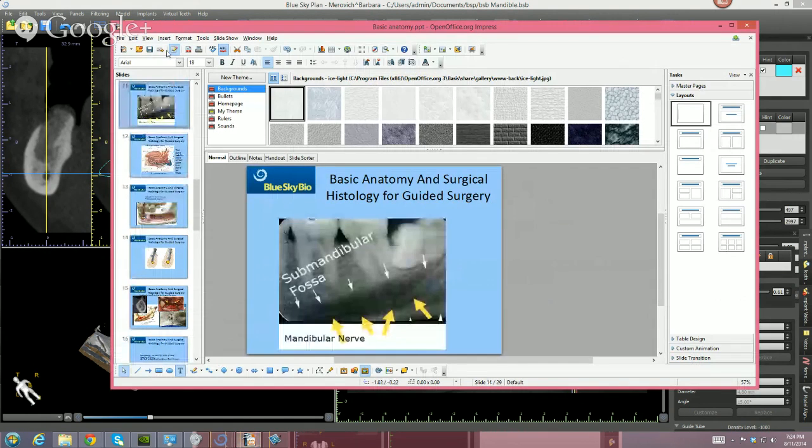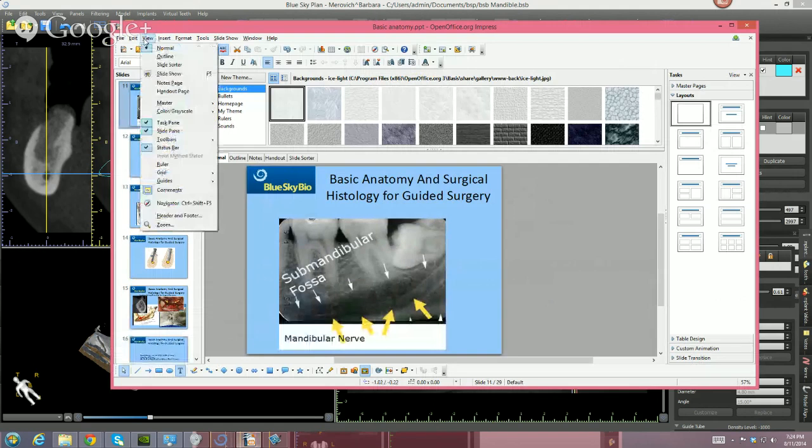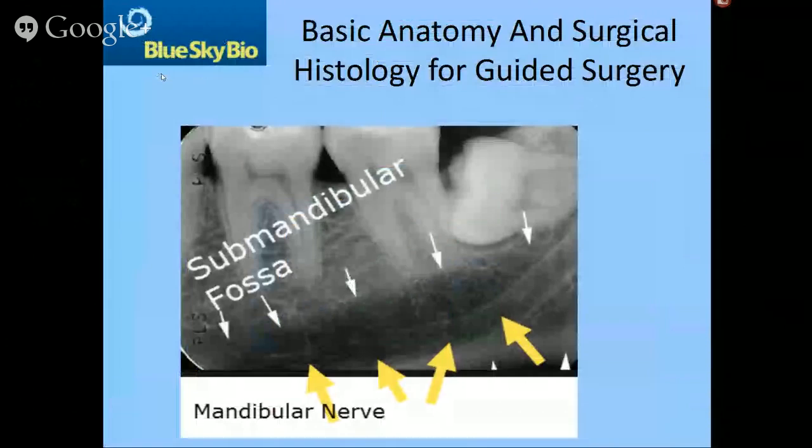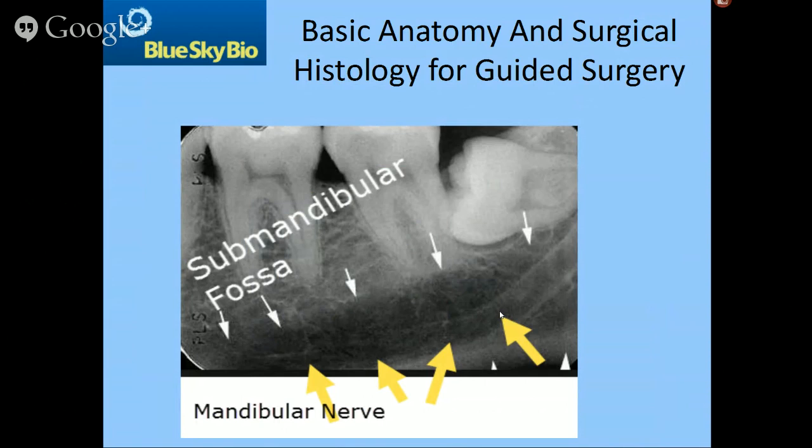For example, I think I showed you this one. Let's just view the slideshow for a moment. You can see that I was able to make out the mandibular canal in a periapical. Now, if I can't make out the canal in a periapical, and I cannot make it out in a panorex, and I cannot make it out on a cone beam, I should not be doing the surgery.